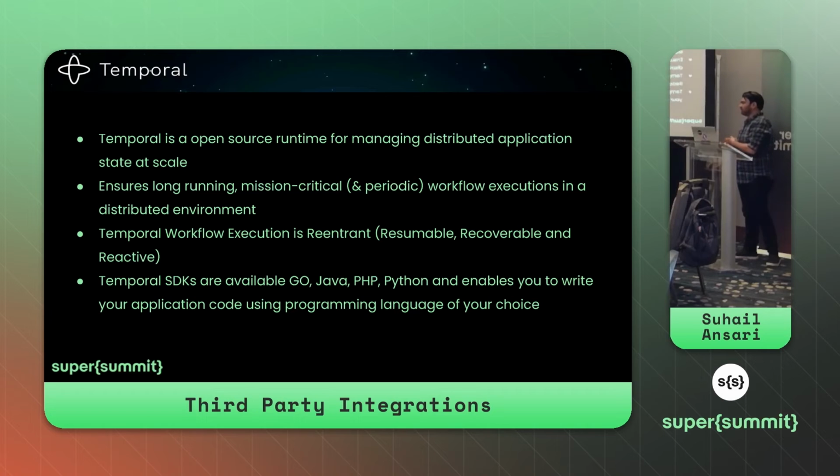And the best thing about Temporal is you can write workflow definitions in Go, Java, PHP, Python. It is part of your application code. You call it from the application itself.